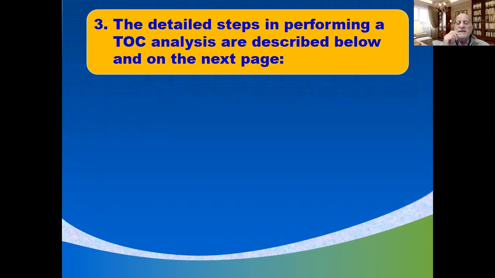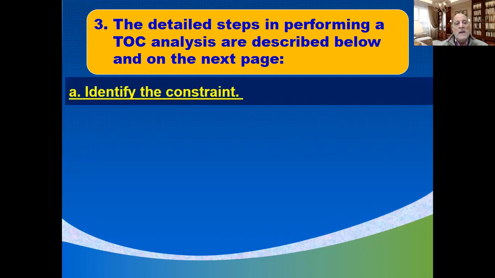The detailed steps in performing a theory of constraints analysis are described below and on the next table. First, identify the constraint. As mentioned now, the first step is to identify the constraint. The bottleneck operation can usually be identified as the one where work in process backs up the most.